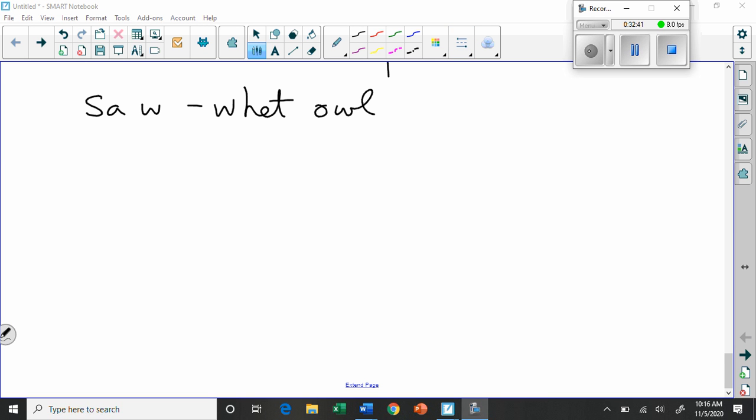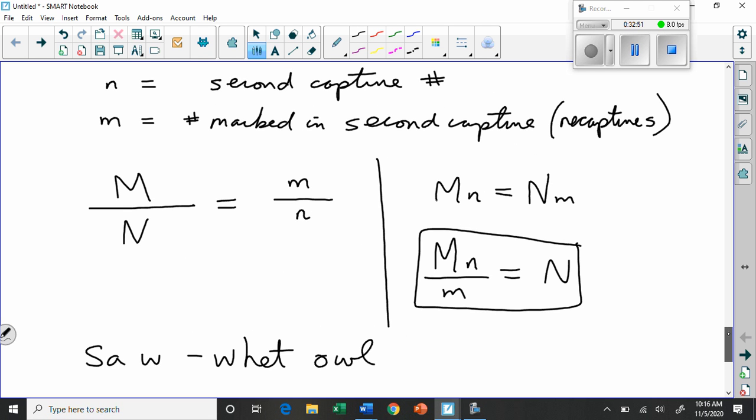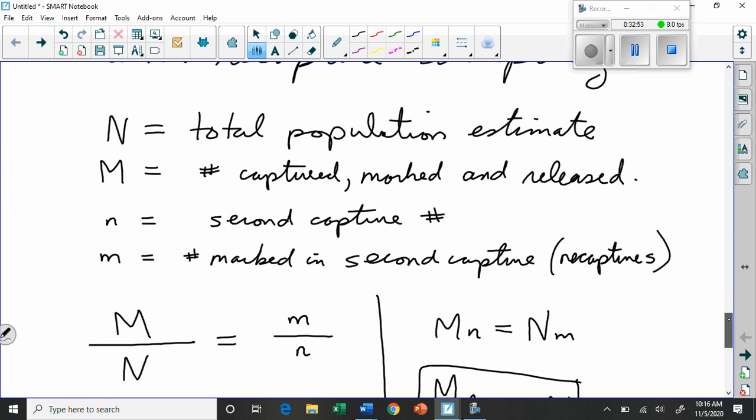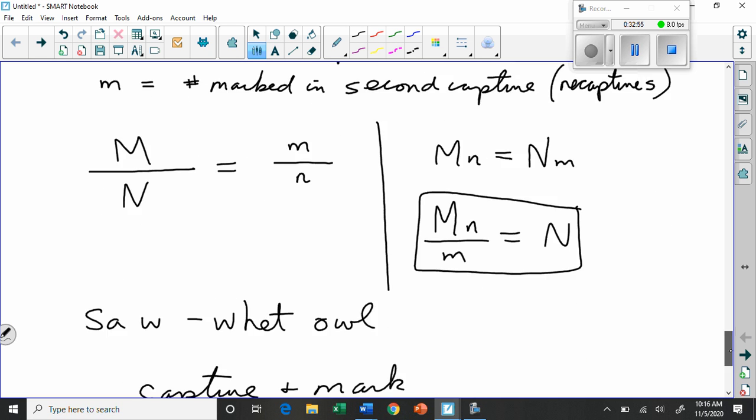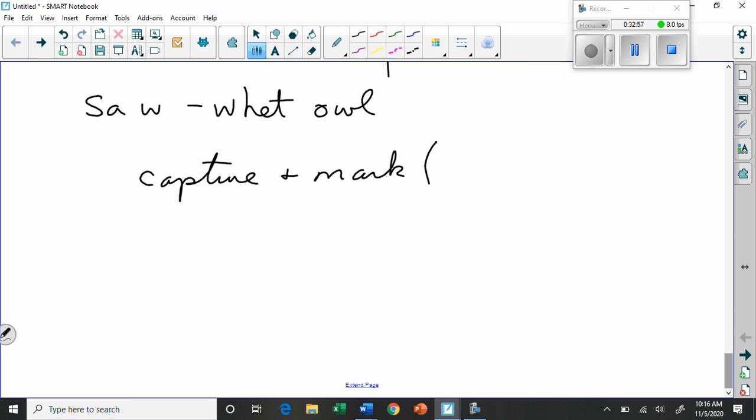So the capture and mark number, right? And remember, we'll be going back here where we're using this little formula. So the capture and mark number, that's the capital M, right? So capital M. They went out and they captured and they marked 30 of these saw-whet owls.